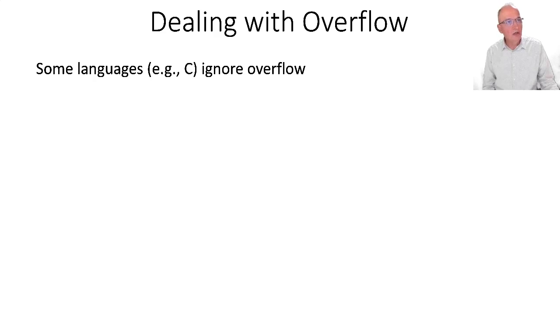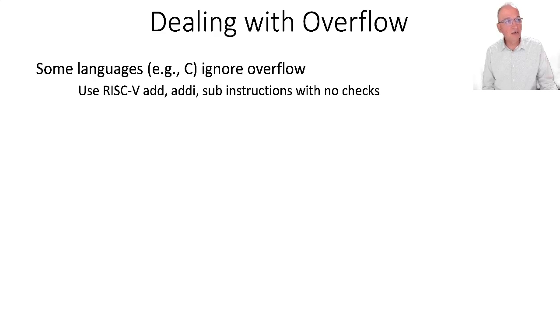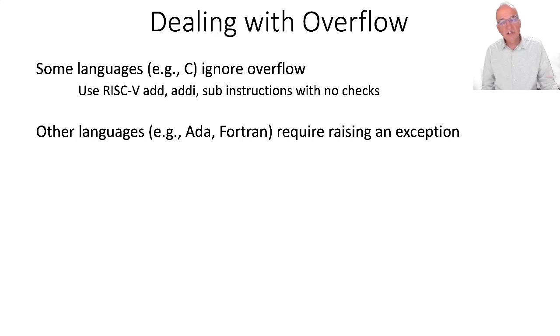Some languages simply ignore overflow. For example, C tells you that you don't need to worry about overflow. You never check for overflow. So in this case, you use the RISC-V add, addi, or sub instruction where there are no checks. In other languages such as Ada and Fortran, you must raise an exception if an operation results in overflow.